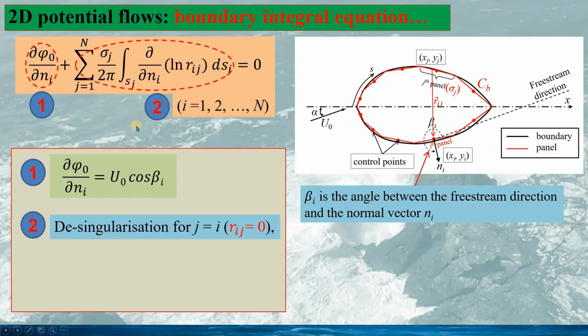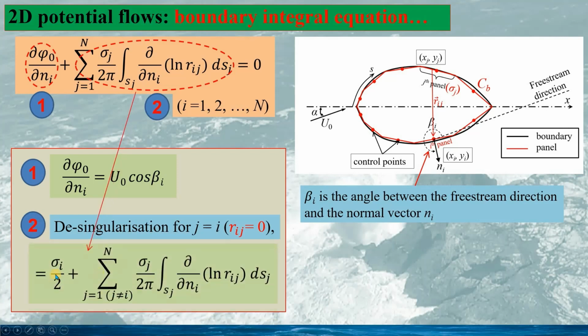Essentially, this is the component of the uniform flow in the normal direction Ni, given as this. And for the second term here, we need to consider a case when the source and the field point are the same. That means j equals i, and we will have a distance Rij equaling 0. Then we need to desingularize the expression. It would be given as this.